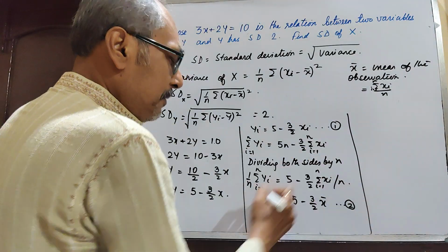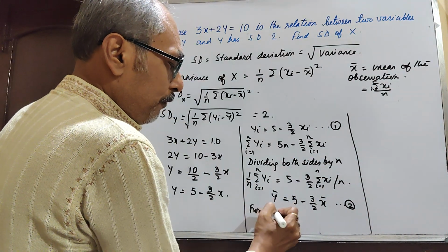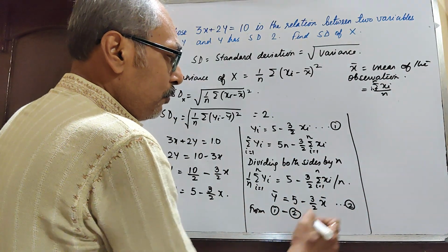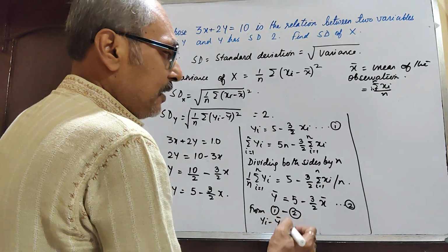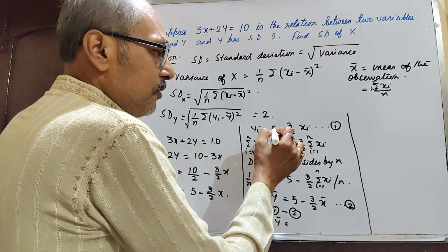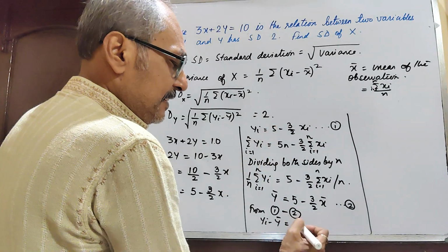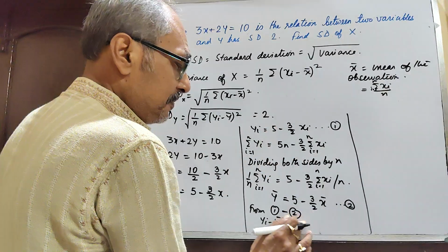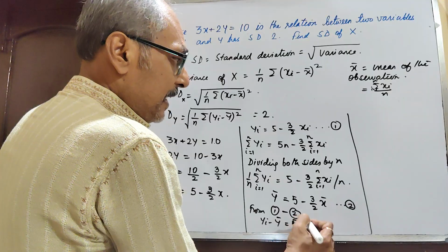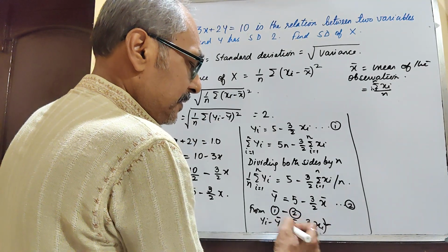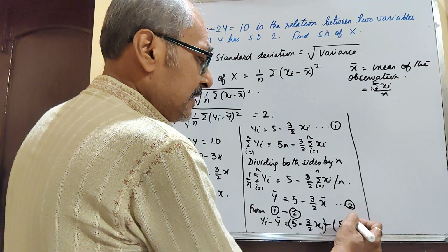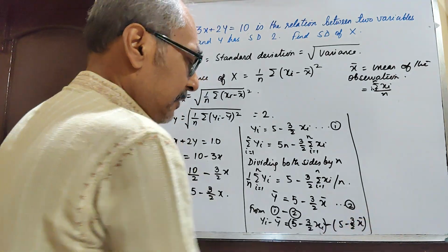Now, from 1 minus 2, we get yi minus y bar equals 5 minus 3 by 2 xi minus (5 minus 3 by 2 x bar).